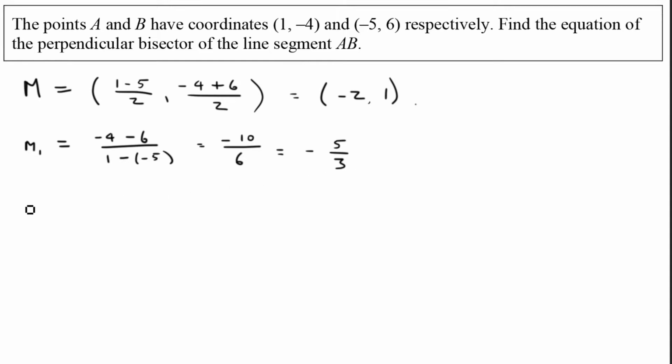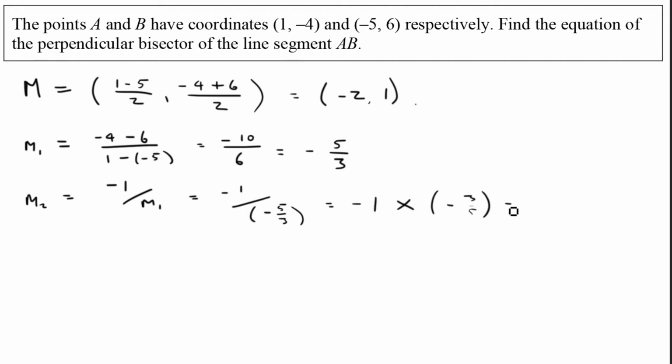Now we have to find the perpendicular gradient. Let's call that m2, and we know that we have to do this by doing -1 divided by m1. In other words, -1 divided by -5/3, which is the same as -1 multiplied by -3/5, which therefore is 3/5.